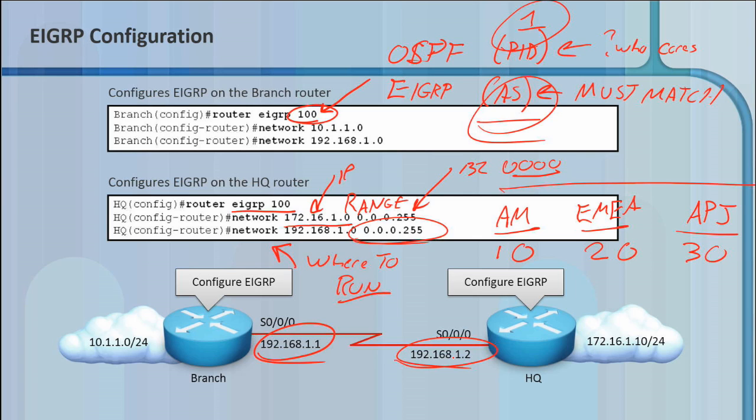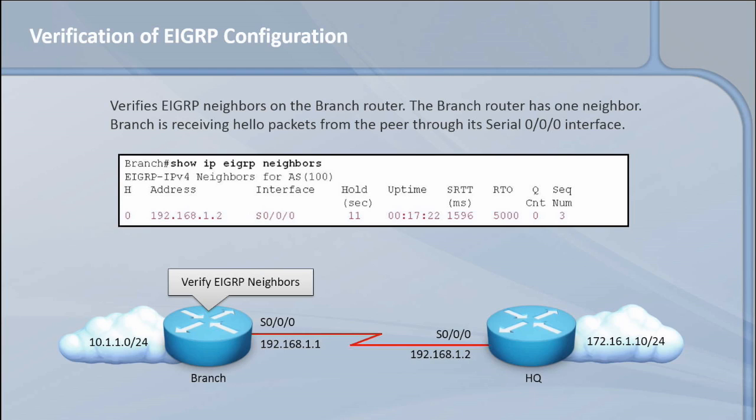I believed that when I typed 172.16.1.0, I would make the mask match the interface mask. And I thought this had to do with what I was advertising to other routers. And it's not. It's telling us where the EIGRP process will run. So I think it makes the most sense just to use an interface IP with a /32, unless you wanted to be fancy and put lots of interfaces all into the EIGRP process with a single command. Otherwise, I would use /32s.